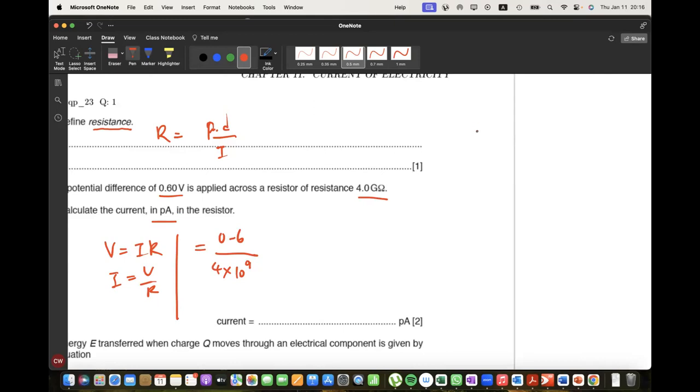Let us do a recap again. Micro -6. Milli -3. Deci or centi first. What is centi? Centi -2.